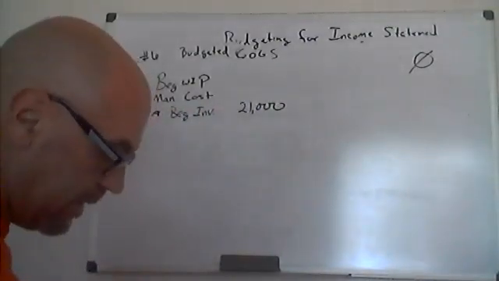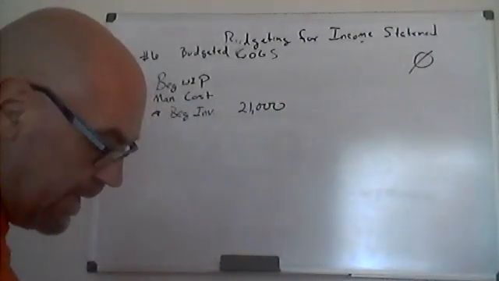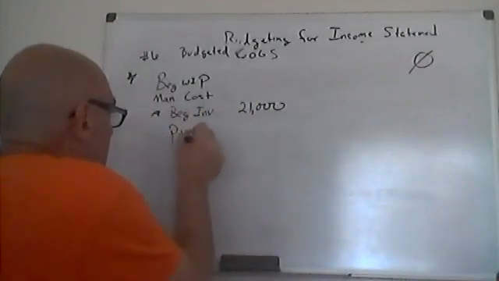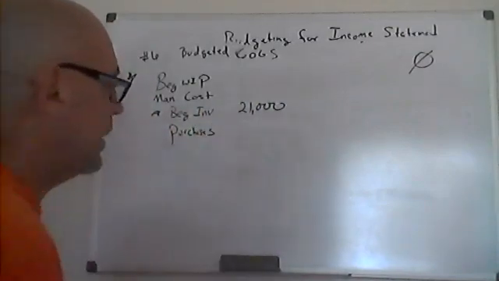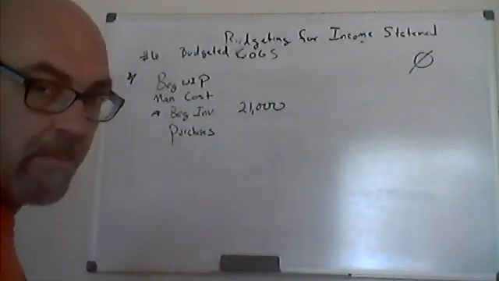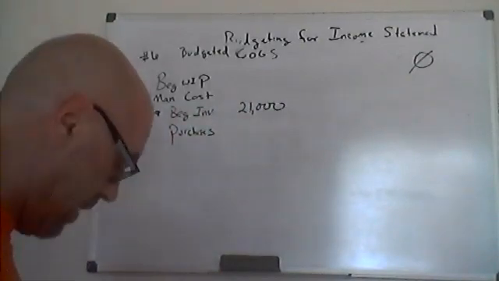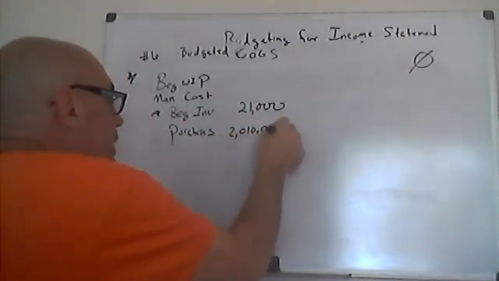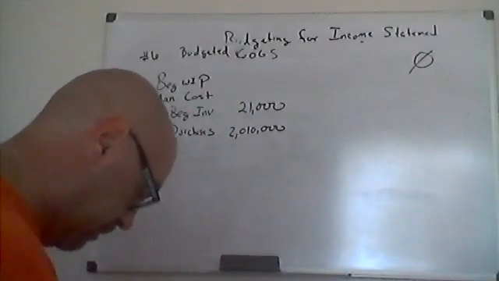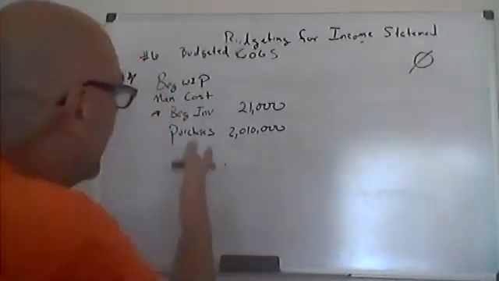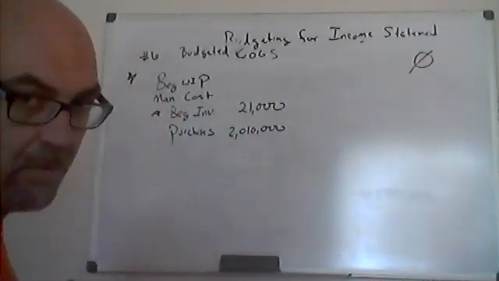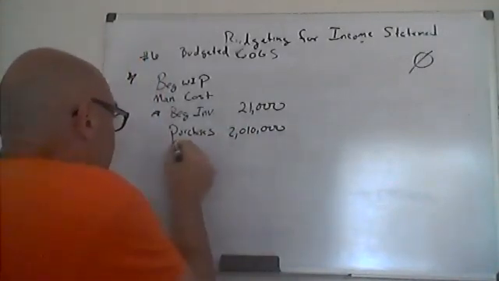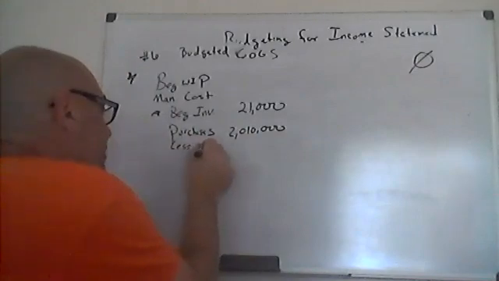Beginning inventory, 21,000 was also a given. Purchases, we would go back to our direct materials budget. There we calculated how much we needed to purchase. It was 2,010,000. Add those together to give us materials available, which is another line on this form. To save space, I'm going to leave it, but we take less ending.